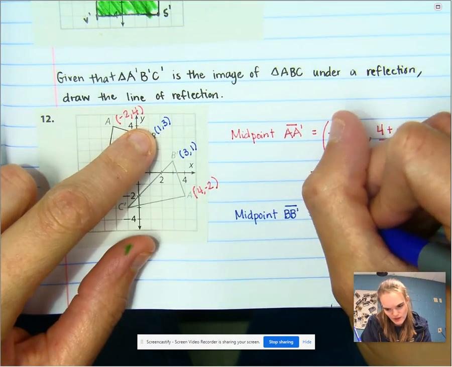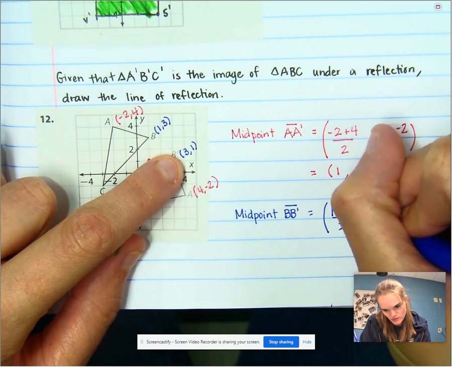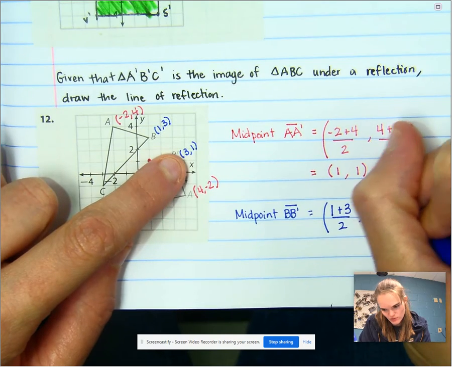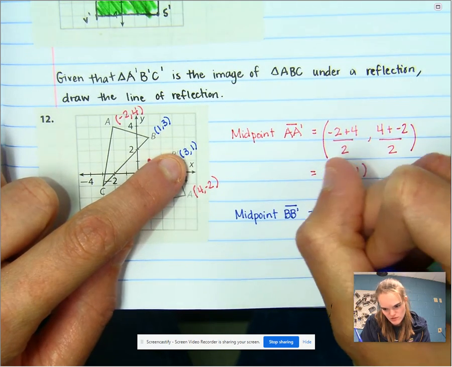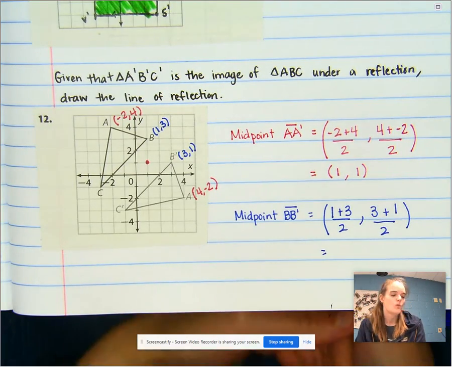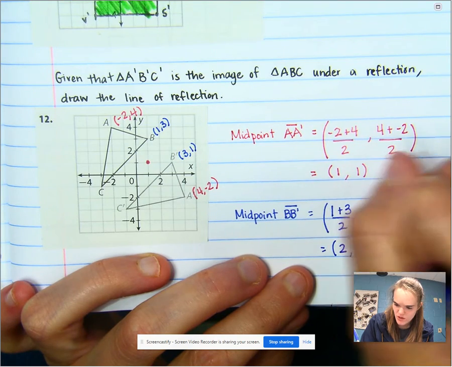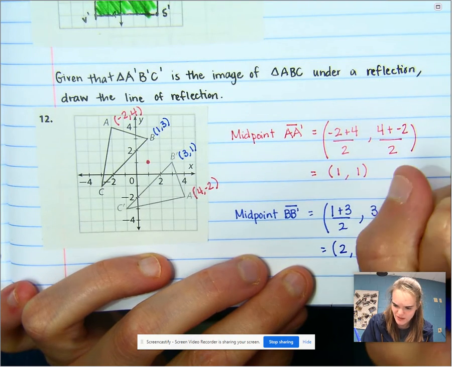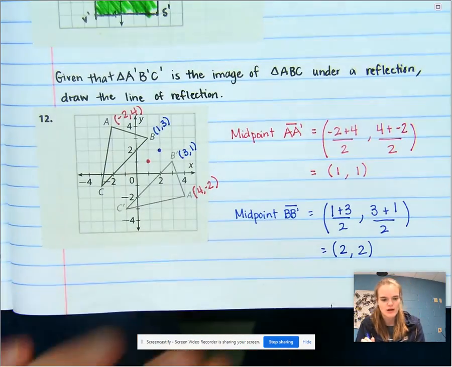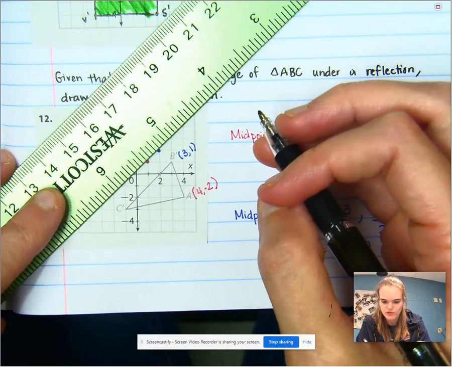Okay. x1 plus x2 over 2. y1 plus y2 over 2. Can you see it? Yes, you can. Okay. 1 plus 3 is 4, divided by 2 is 2. 3 plus 1 is 4, divided by 2 is 2. Graph 2, 2. All right, and any 2 points make a line, so we're going to draw the line just like it told us to.